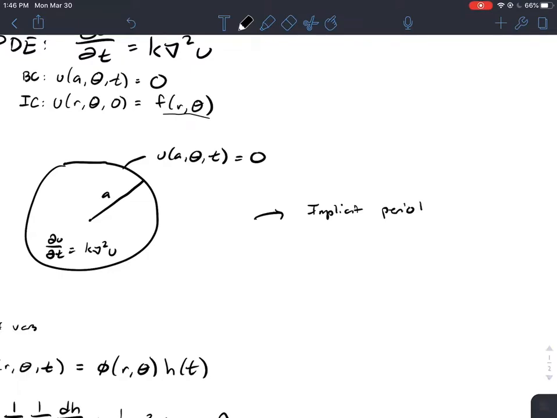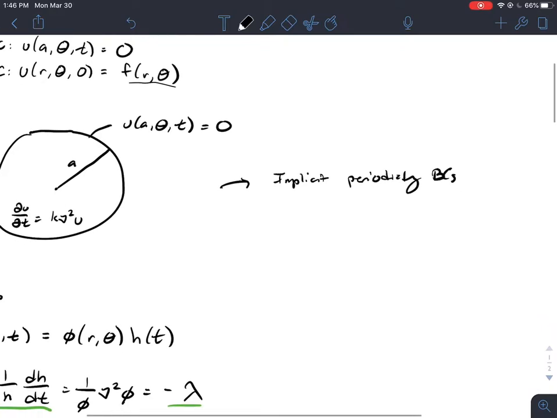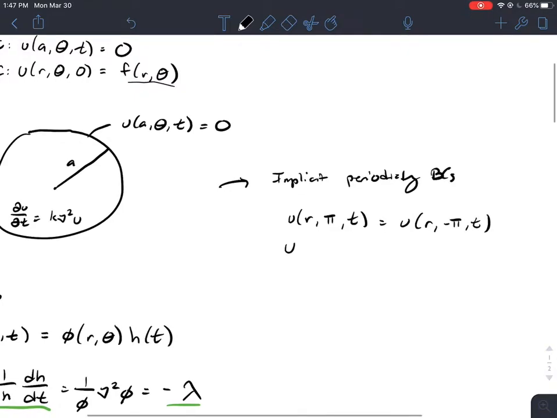Implicit periodicity. And recall that periodicity boundary conditions are basically stating that u of r, theta, t is equal to u of r, negative pi, t, and then the same is true of their derivatives.